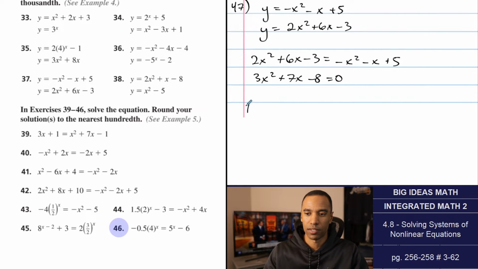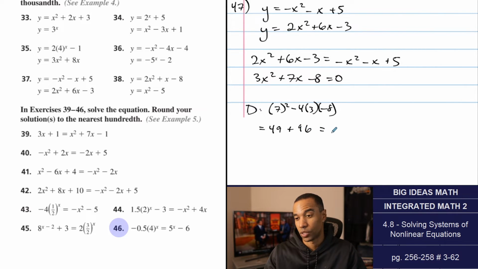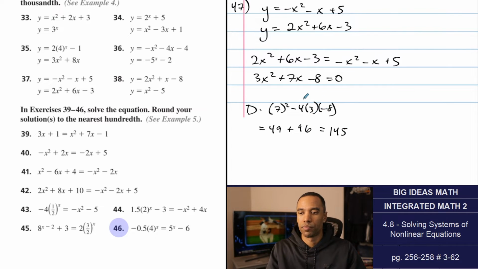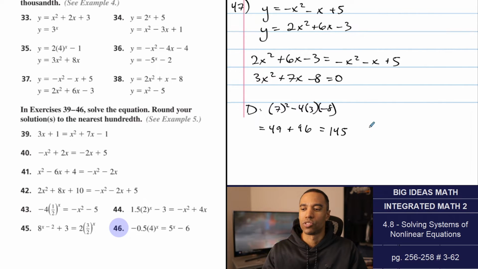So discriminant is b squared minus 4ac, which is 49 plus 12 times 8 is 96, which is 145, I think. 145 cannot simplify to my knowledge. 5 times 29, no. So we're going to leave it like that.